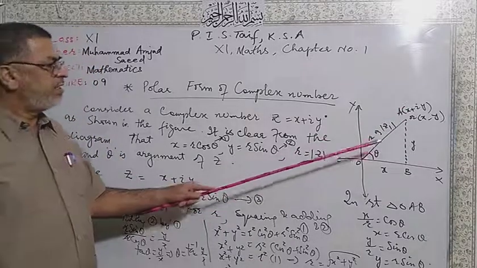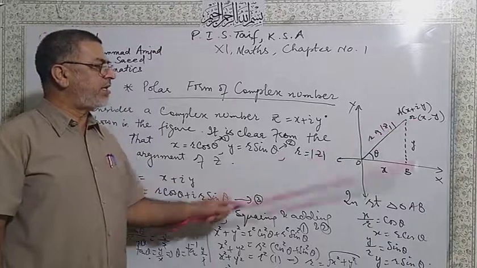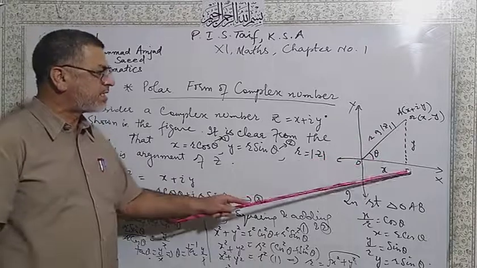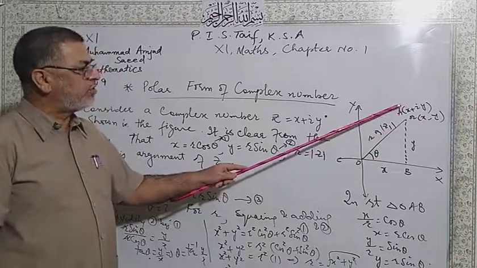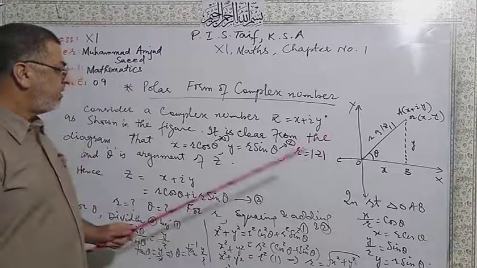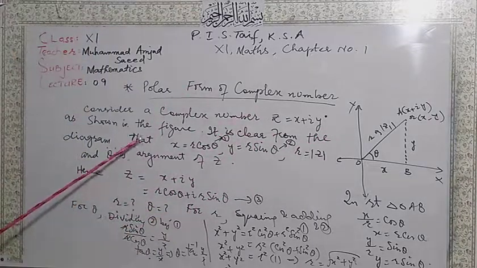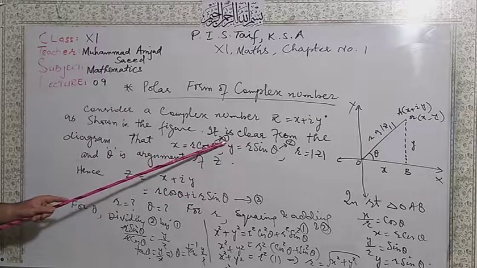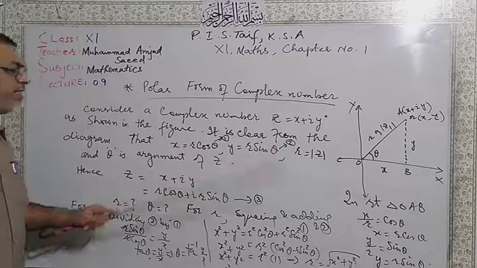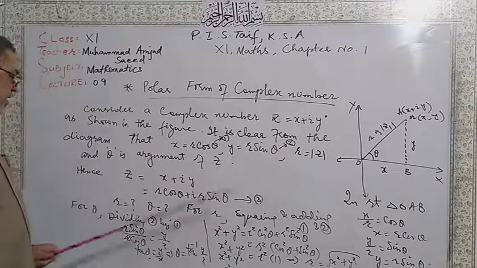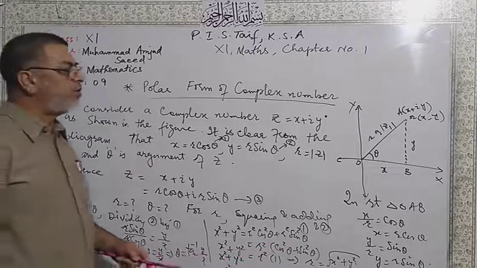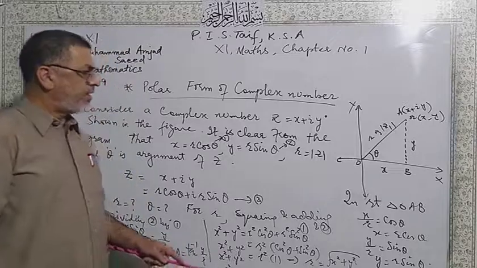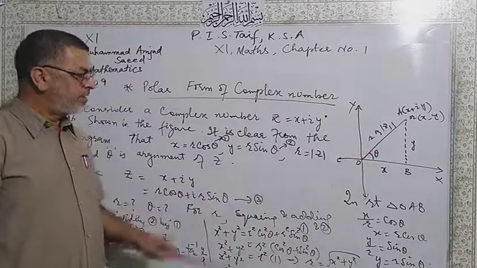Again, I am repeating that this is a point A of (x, y). Now it is clear from the figure that x is equal to r cos theta, equation number 1, and y is equal to r sin theta, equation number 2. r is equal to mod z and theta is known as the argument of z, that is the angle with the horizontal component. Here from the x-axis we have the angle.